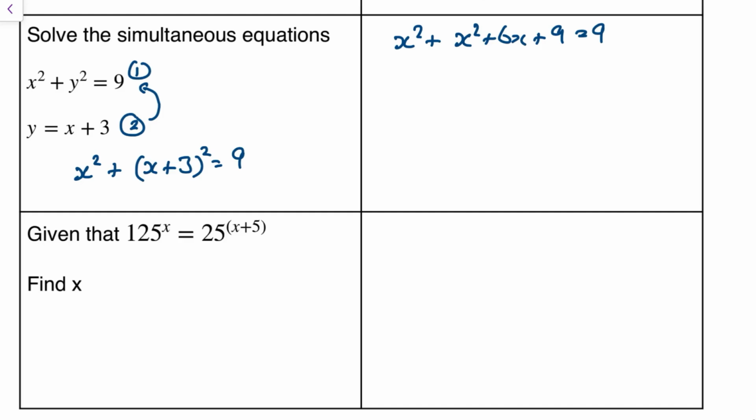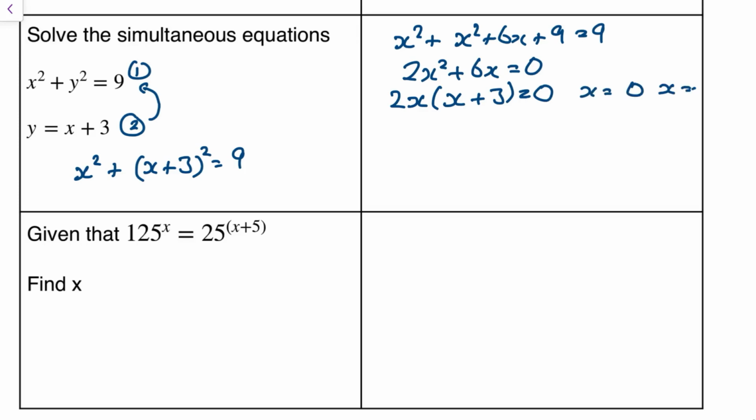That's interesting. My 9's disappear, which gives me 2x squared plus 6x equal to 0, because my 9's have cancelled out. I can write that as 2x, x plus 3 equals 0, which means x equals 0 or x equals minus 3. Obviously x equals 0 is the one you're supposed to forget and miss out by accident, so obviously don't do that.